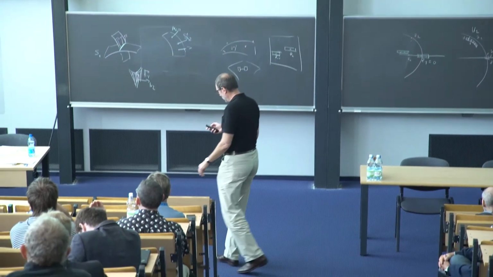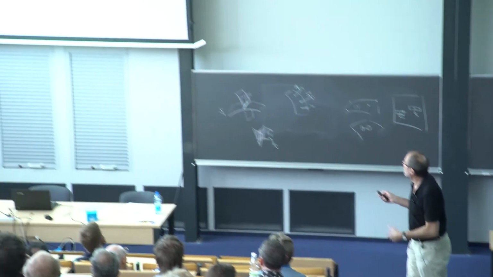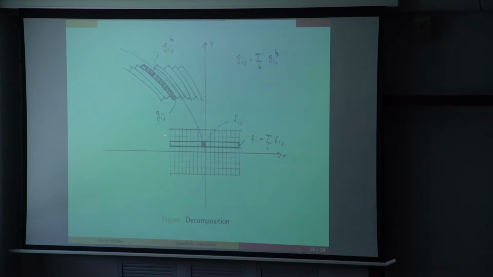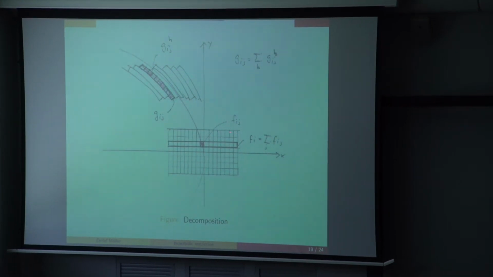So suppose our function is supposed to be supported here. These are all delta times delta squares here. So we chop everything up into a grid of delta times delta squares. And so f sub ij is supported in the ijth delta square here. And f sub I is the sum along some row of these f sub ij.